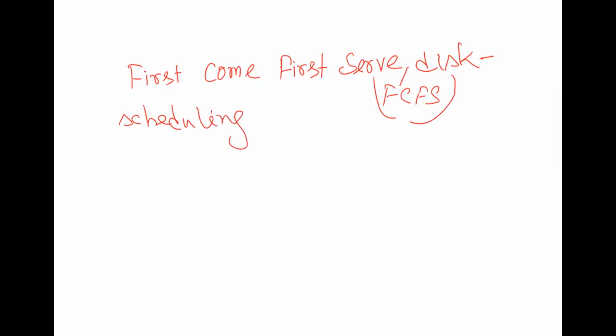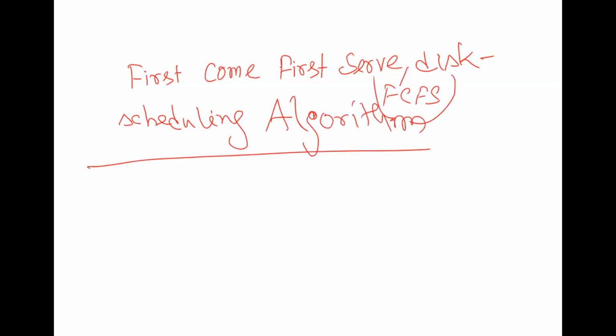From this name, you can guess what it will do. It will simply serve the request that is received first, first. Or the disk satisfies the requests in the order in which they come.